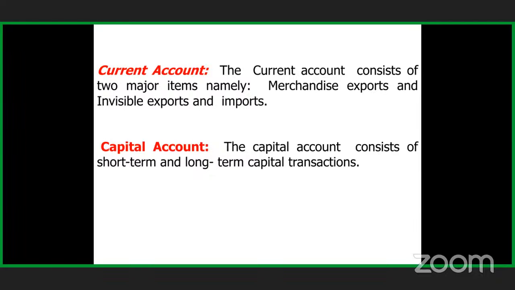Then one country or one company of a country can export some goods and import some goods and visible items. These transactions of visible and invisible items are recorded in a systematic statement that is known as current account. Whereas the capital account consists of short-term and long-term capital transactions.